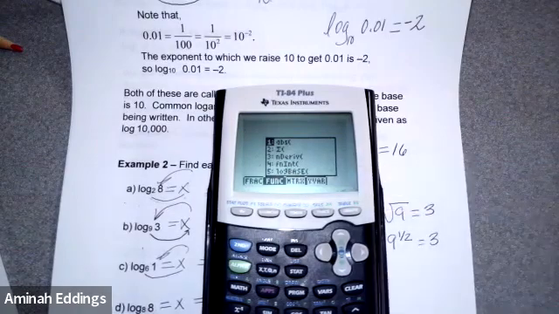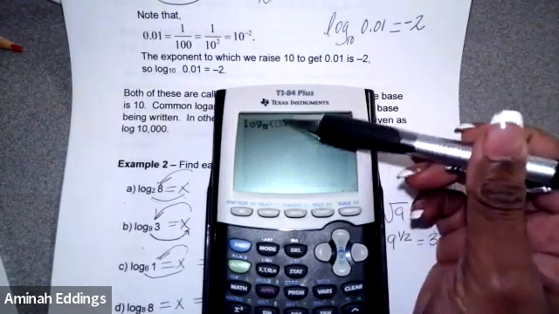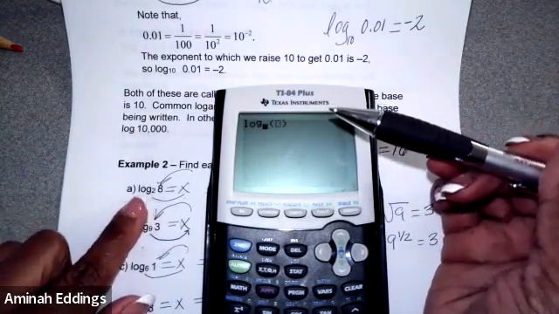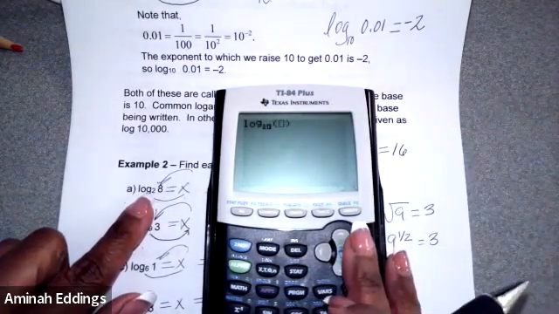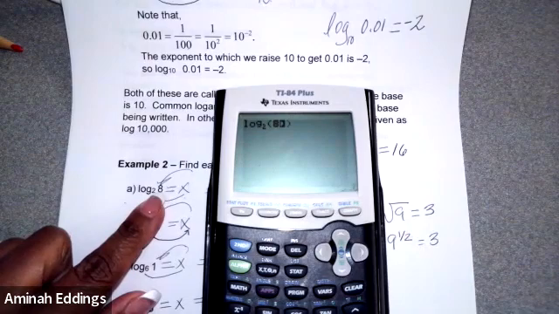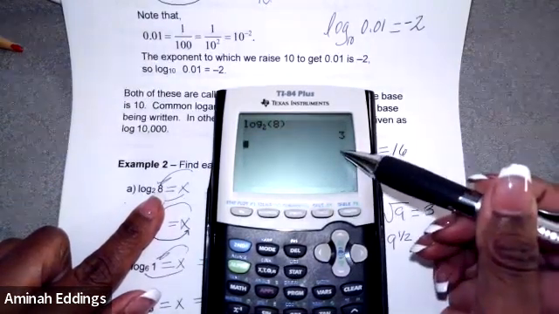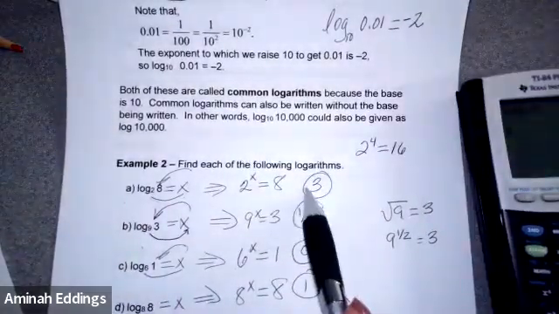If we hit number 5, it automatically brings up a base and then a number. So all we have to do is fill it in. For this first one where it says log base, that's going to be a 2. So I type it in and then arrow over, type in 8, and I get 3. And that's what I found this answer to be.